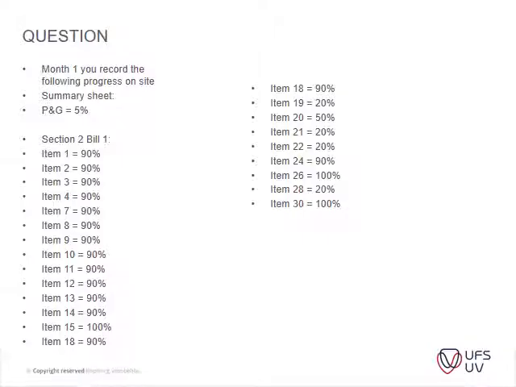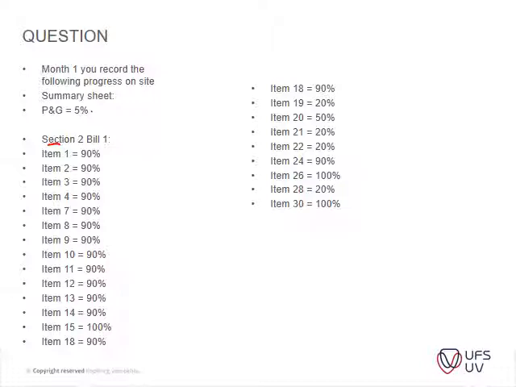When he gets back into the office, he calculates all his measurements. So he's measured all of his work on site. The P's and G's I'll get to just now. In his bill item, you will see there will be sections. I'll explain the sections when I get into the actual payment certificate.